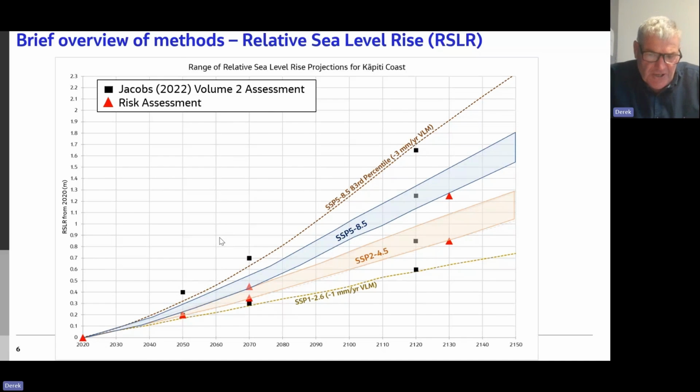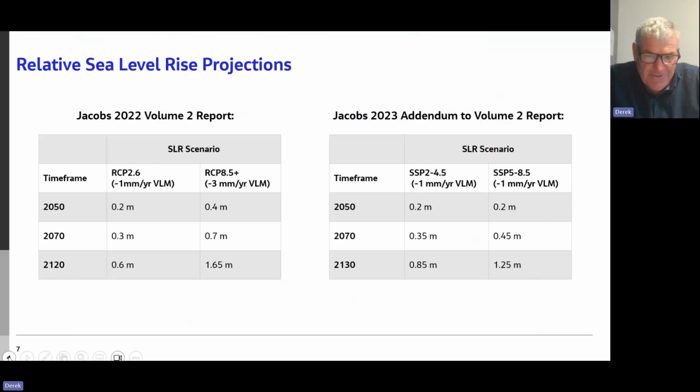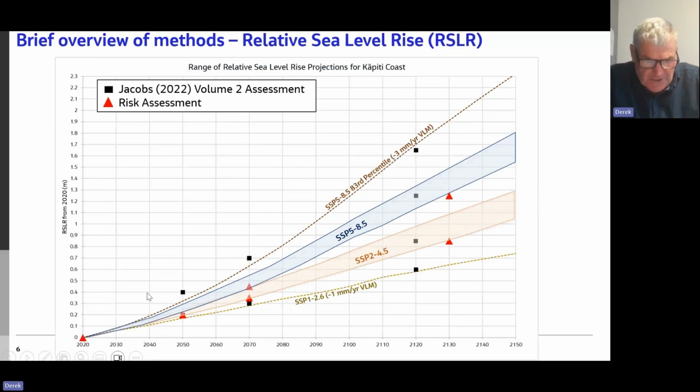And so they changed a little bit. They came down a little bit in the near future, but increased a little bit in the far future.